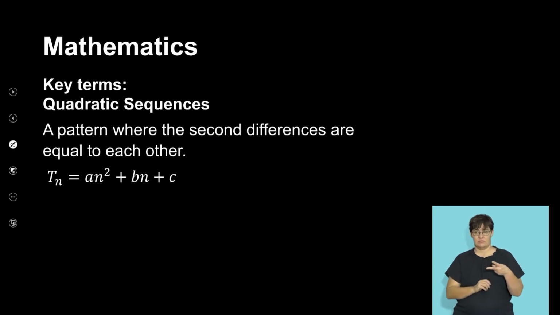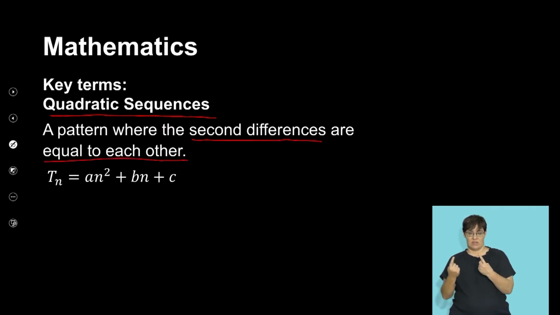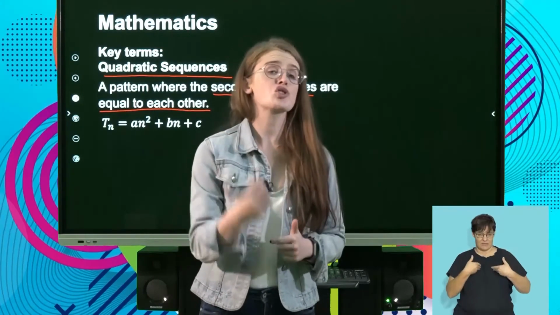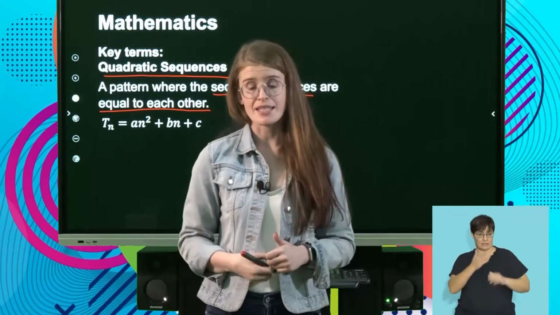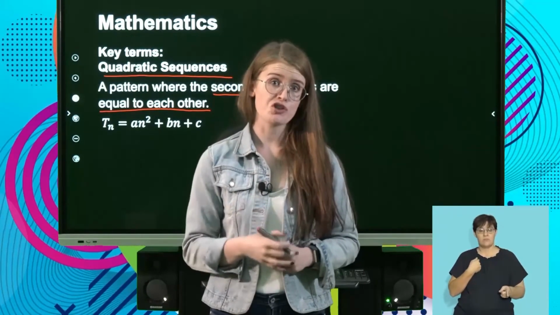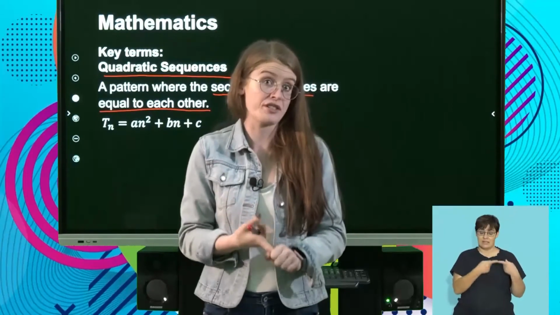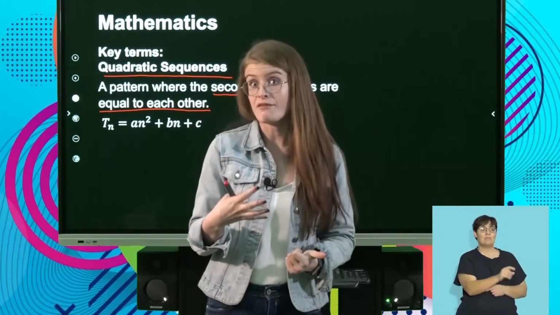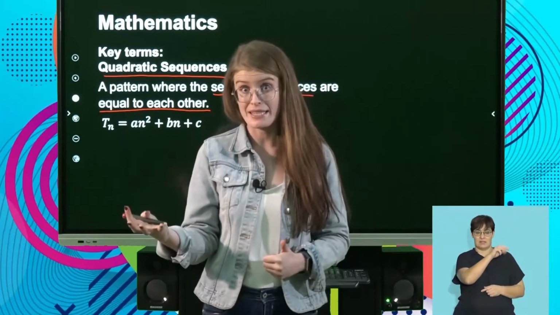Moving on, we're going to be talking about a quadratic sequence now. This is a pattern where the second differences are equal to each other. I'm just going to pause for a second and say that if you are given a pattern and you are not told what type of pattern it is, it's important for you to test whether the pattern has first differences, because if it has first differences, then we know that it is in fact an arithmetic sequence.